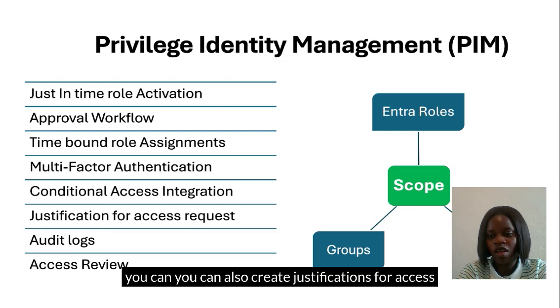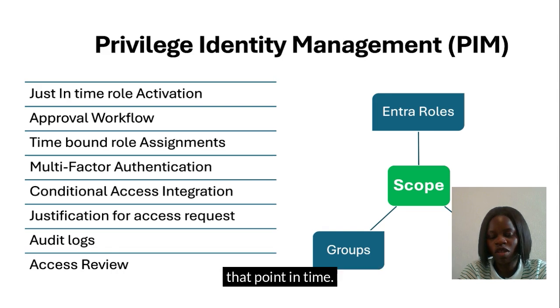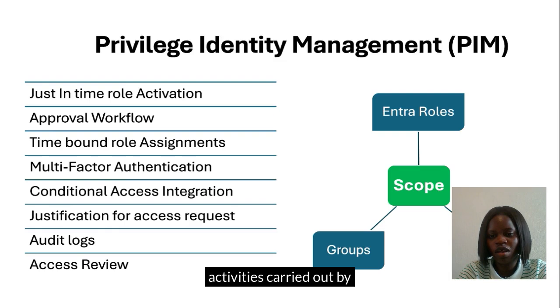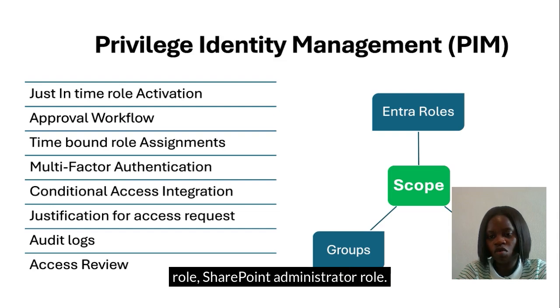You can also create justifications for access requests for auditability, to be able to check the reasons why this user is requesting that role at that point in time. And there's an audit log to give you visibility of activities carried out by these roles, groups, and resources. PIM can be used in managing Entra roles like your security administrator role, SharePoint administrator role.